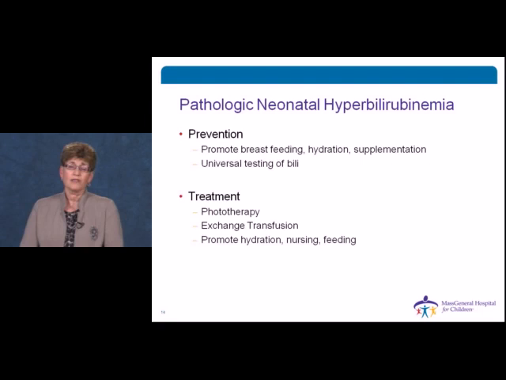I'll show you in a moment the algorithm that was published in Pediatrics, I think in 2004, that has an algorithm to try to get us to prevent the occurrence of pathologic hyperbilirubinemia. And then treating it, once we know that somebody has it: phototherapy, exchange transfusions, and again, promoting hydration, nursing, and feeding.